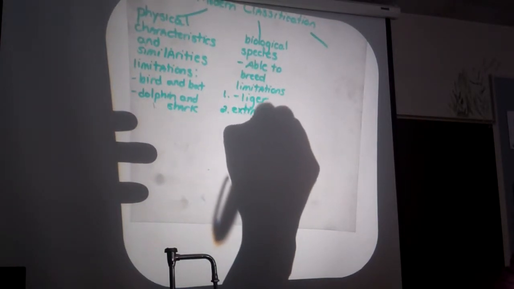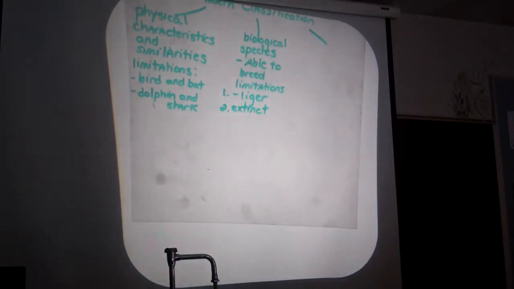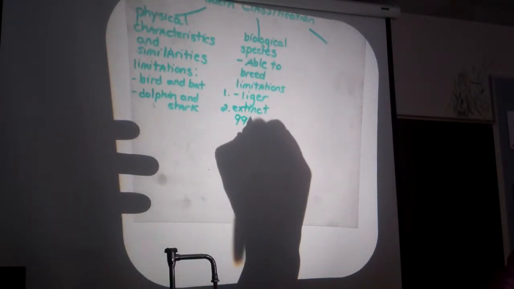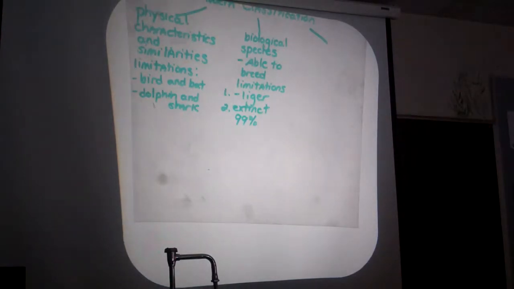This way also, think about all those extinct creatures out there. I don't know if you guys realize this or not, but there is a statistic that says that of all the organisms that have ever lived on Earth, 99% of them are not here today. They've gone extinct. In other words, that implies most species that have ever been around or will be around are going to become extinct at some point.